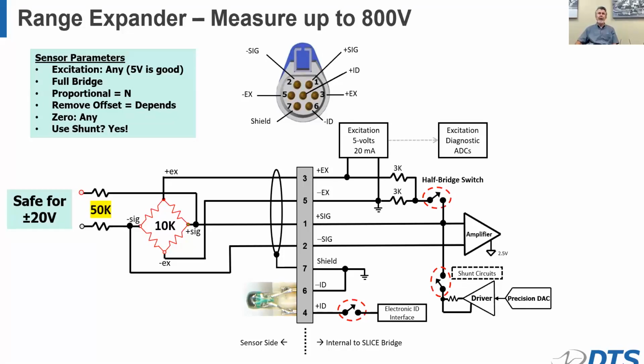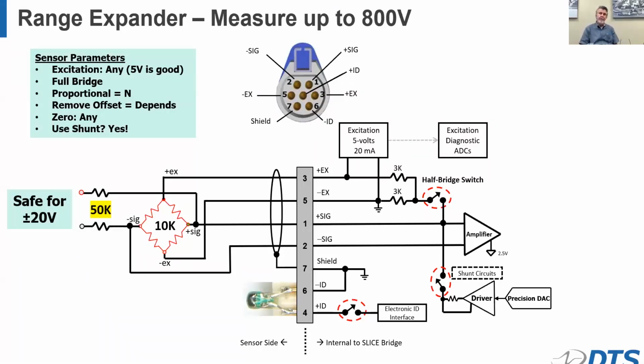The range expander is basically a 10K ohm bridge with added series resistors. You can see here the 50K series resistors mean that the input is safe to measure plus and minus 20 volts. The beauty of using this methodology is it's ground agnostic.